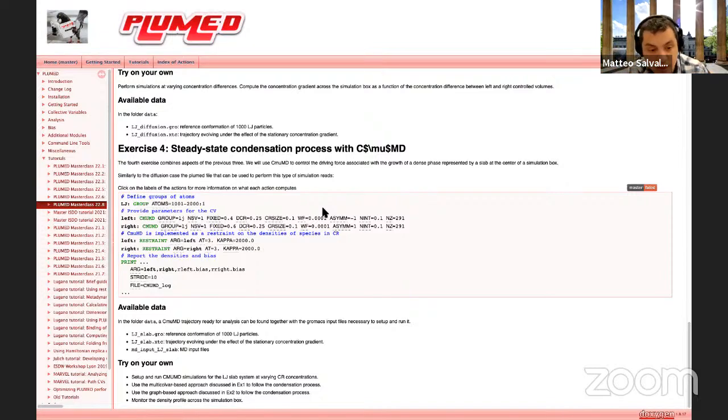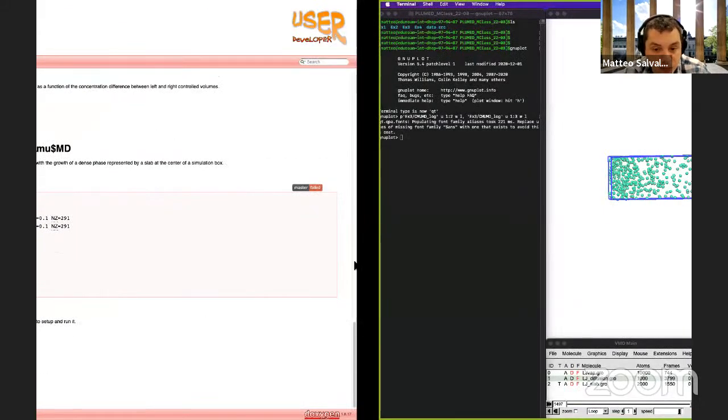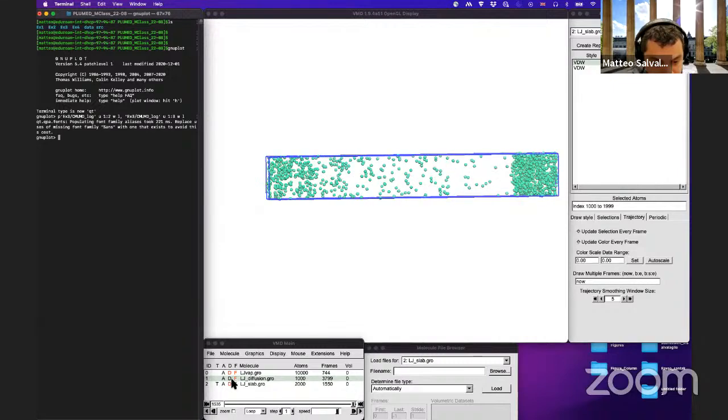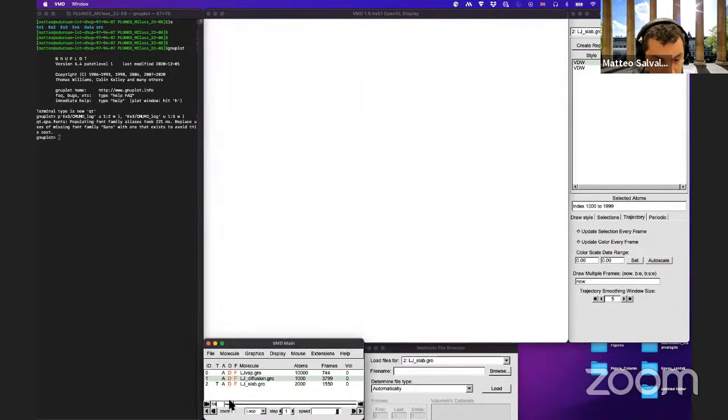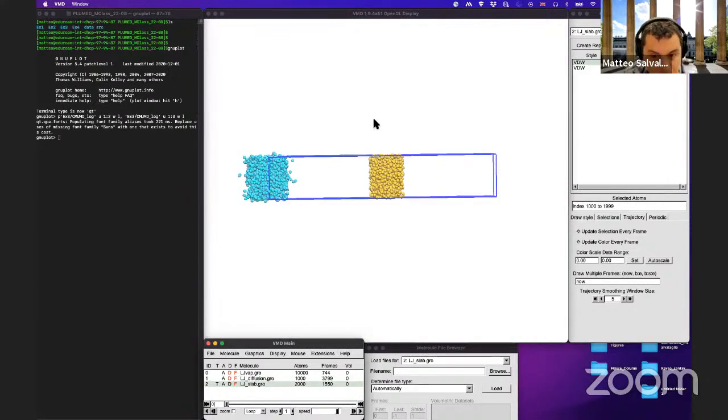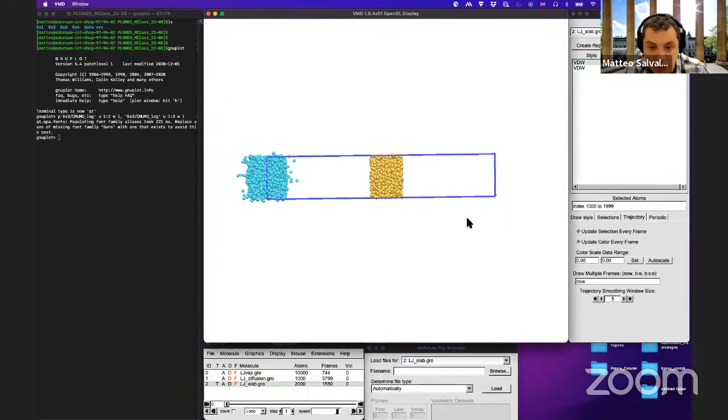of a fluid phase constant, but in this case, to promote the absorption or the condensation of fluid on an amorphous surface. And in spirit, this is very similar to a crystallization or to an adsorption process. This is how the system looks in its initial conditions.